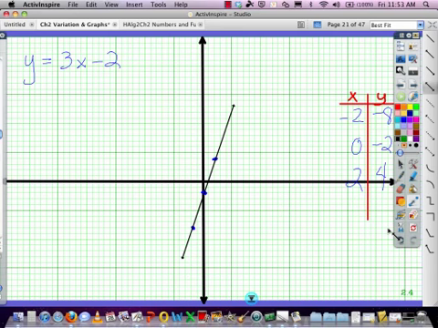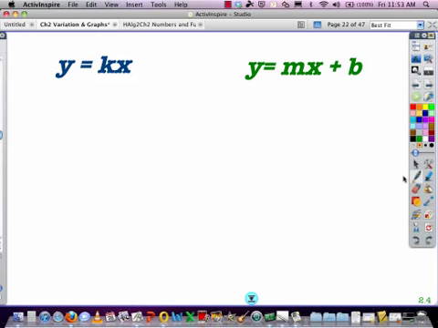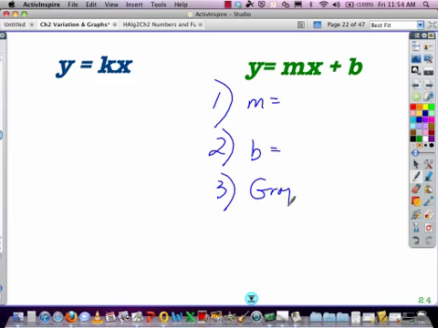We're going to talk about the quick graph method also, but before that, let's characterize these 2. If I said over here, our review one, you should be able to list some characteristics about them. For example, number 1, m is what? Number 2, b is what? We've already agreed that it graphs into a line.